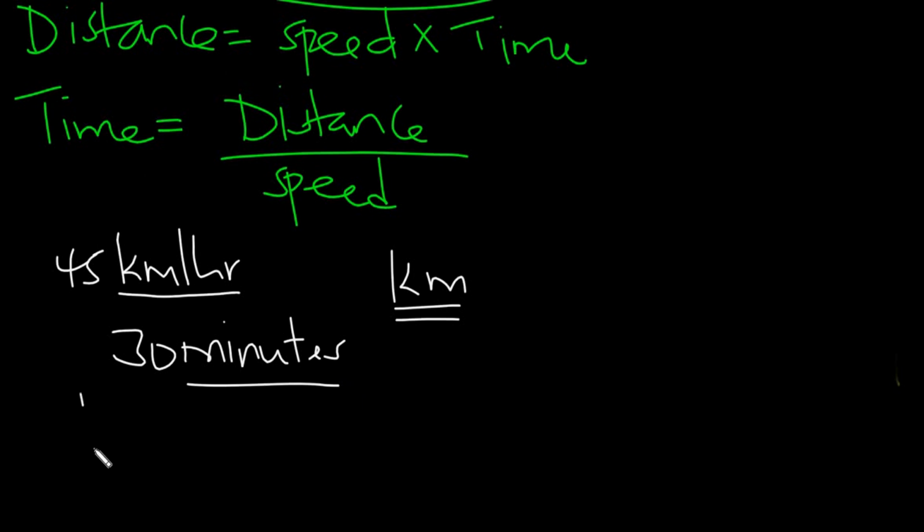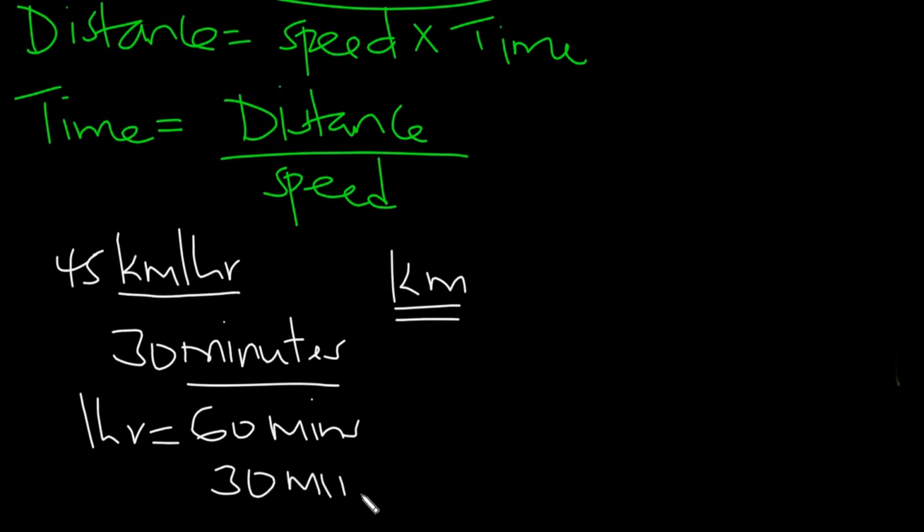Okay, so if 1 hour is equivalent to 60 minutes, what will be 30 minutes equivalent to? So 30 minutes will be equivalent to half an hour. Alright, so we now have the time, that is half an hour, and the speed, which is 45 kilometers per hour.